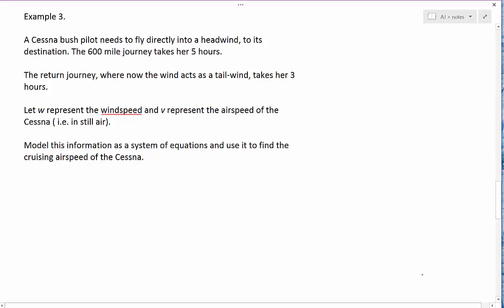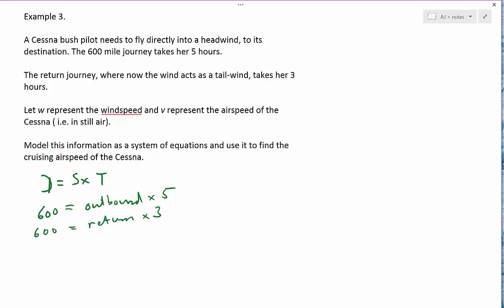We're talking about speed, time and distance, and you should remember from physics and early maths that distance equals speed times time, and we have a journey of 600 is equal to outbound speed times 5 hours, and equally 600 equals return speed times 3 hours. But what are the outbound and return speeds?